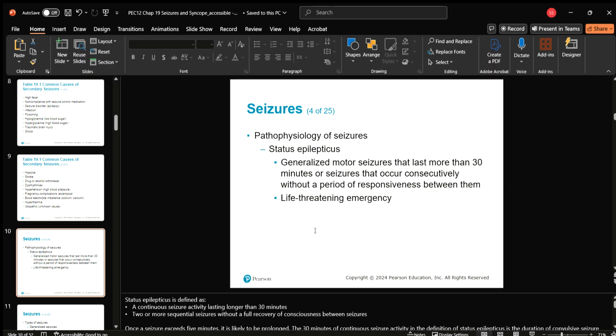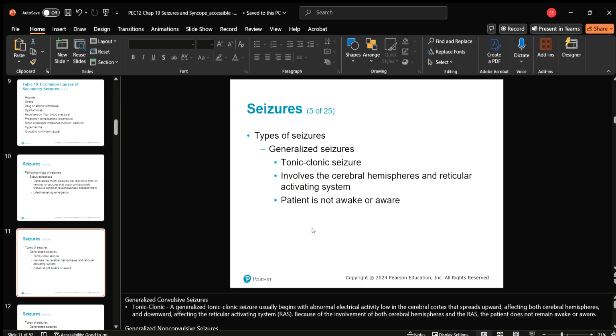Generalized motor seizures. When we're talking about the tonic-clonic, we're going to get into that in a second. All right, so the tonic-clonic seizure. Tonic, what does that mean? That is the tensing of the musculature. The clonic portion of that is the thrashing about of their limbs.